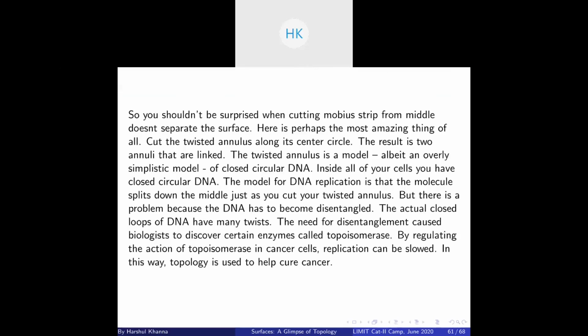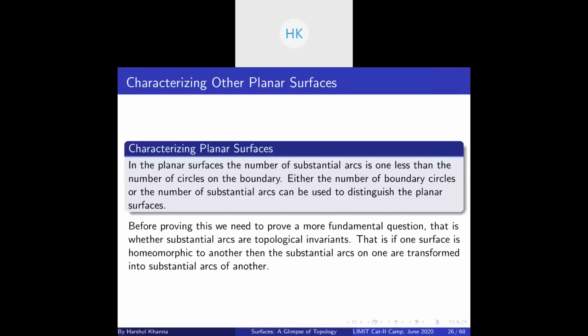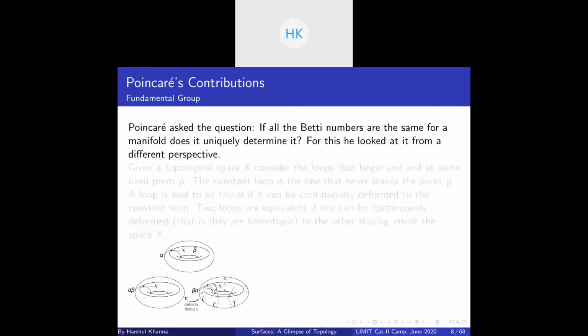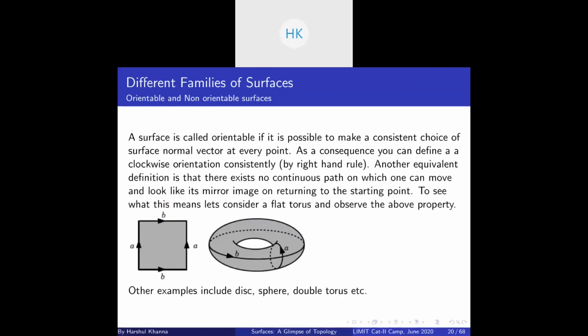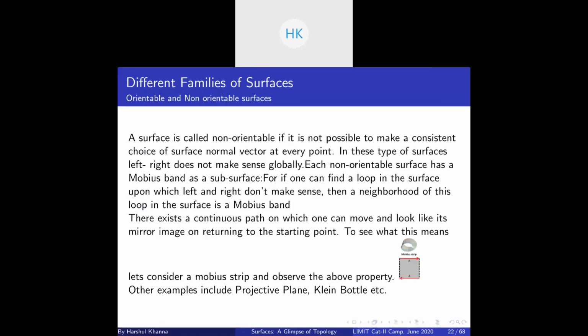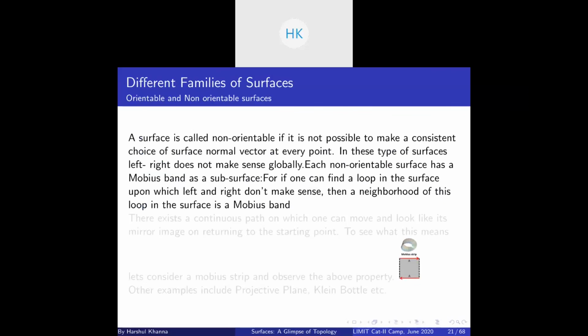Let's return to the very beginning. We talked about non-orientable surfaces: it is not possible to make a consistent choice of surface normal vector at every point in a non-orientable surface.